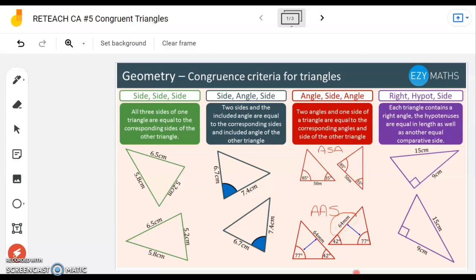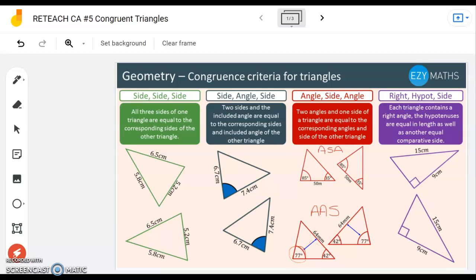This one's millimeters. Okay, now notice that they have the blue arrow here because they're indicating that the 64 millimeter side is across from the 77-degree angle. And in this one, that 64 millimeter side is across from the 77-degree angle. Why is that important? Because it has to have the same corresponding side. So angle, angle, side: this side has to be across from the same angle in order for it to work.